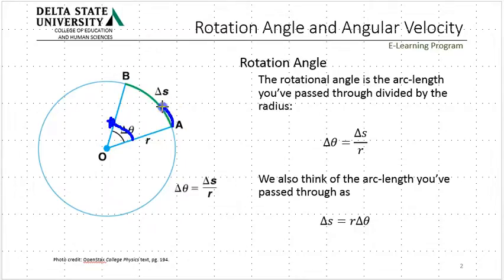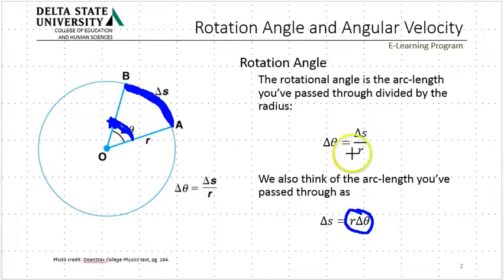That corresponds to a length of arc out here, right? The length of this piece of the circle is somehow proportional to delta theta. Well, it turns out the length is just the radius times delta theta.